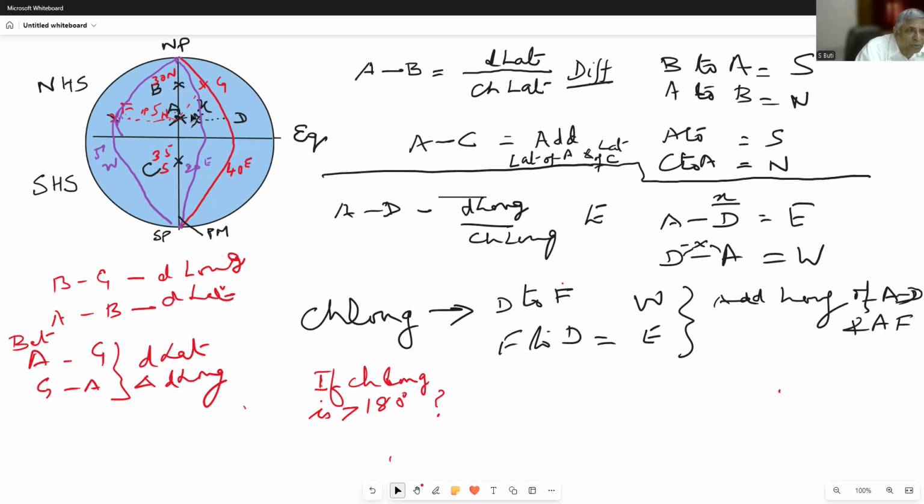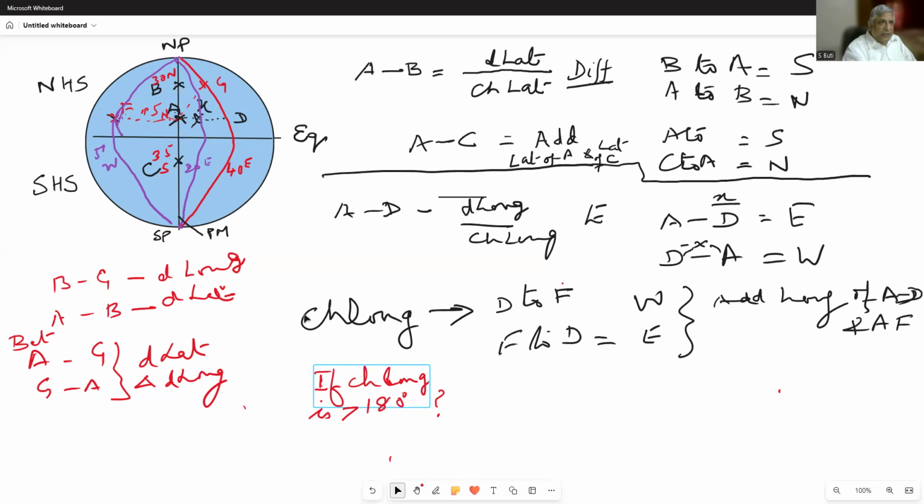What about the maximum change of longitude? Maximum longitude can be 180 east or 180 west. So if place A is in east meridian, B is in the western meridians, then how do we find out the change of longitude if it exceeds 180 degrees?